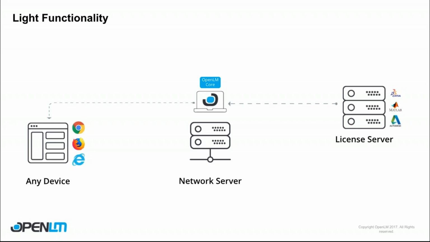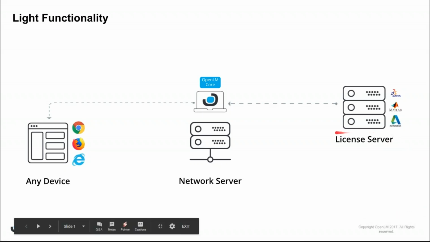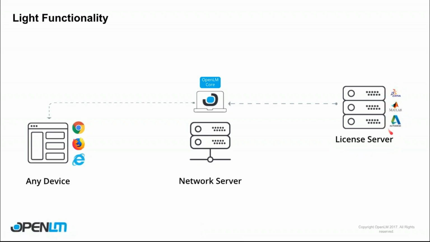So first of all, let's see how it is configured on the network. So you probably got your license servers. Each one has probably a few vendors that you want to monitor. So all you need to do is install the OpenLM Core or OpenLM server on any network server.